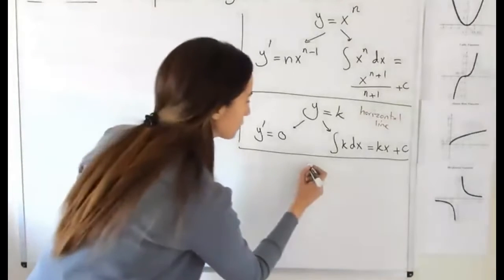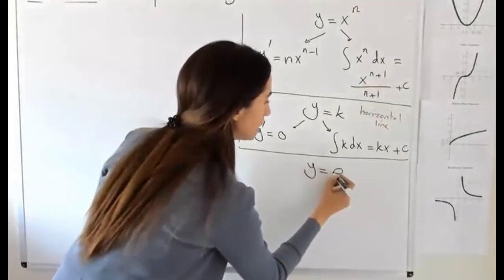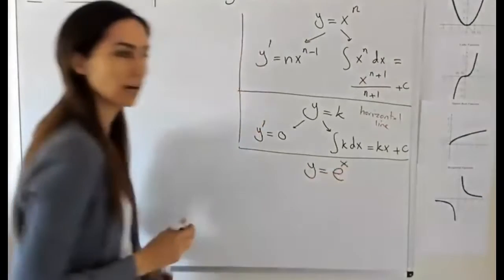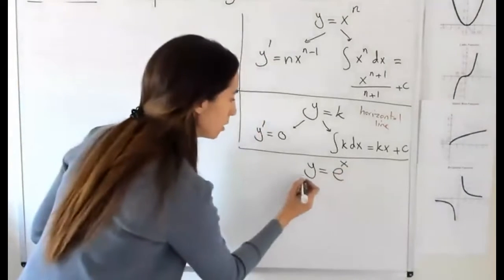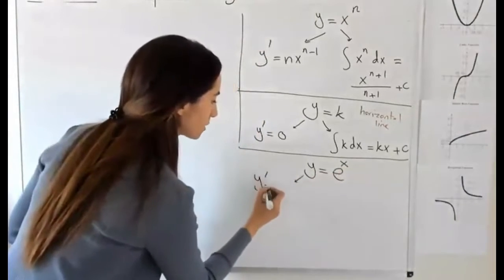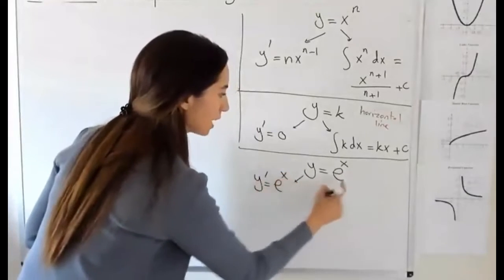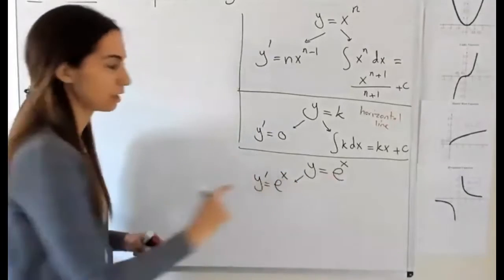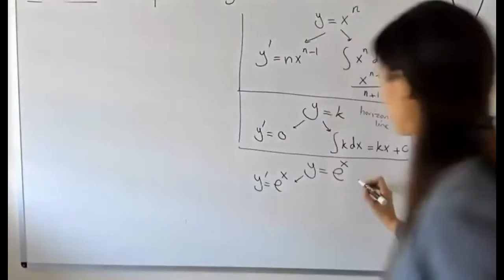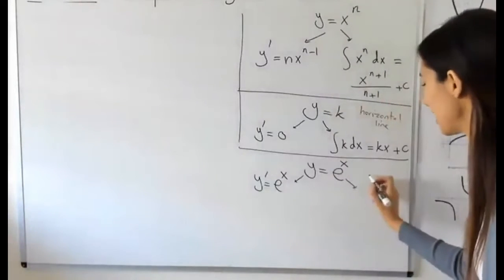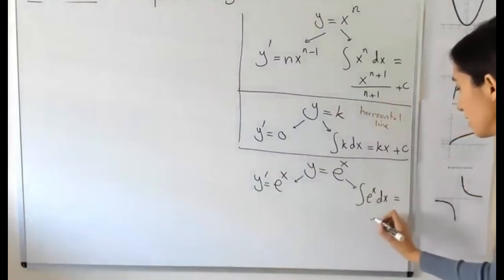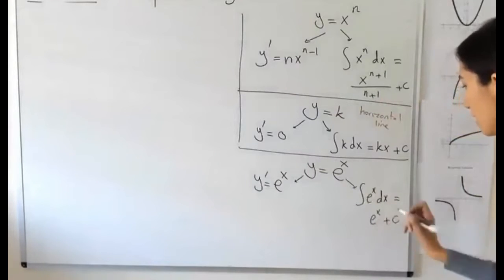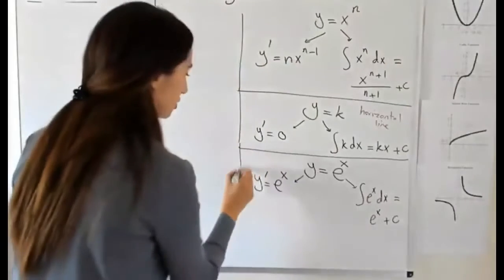Next formula, if you have y equals e to the x, if you have exponential function e to the x, remember that the derivative of exponential function e to the x is the same, e to the x. So the integral of e to the x dx is e to the x plus constant of integration.